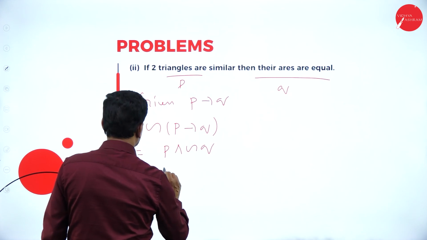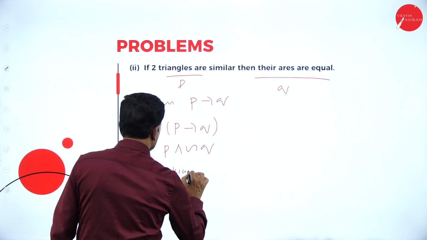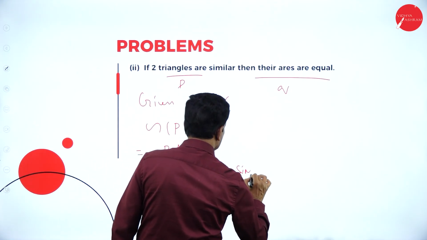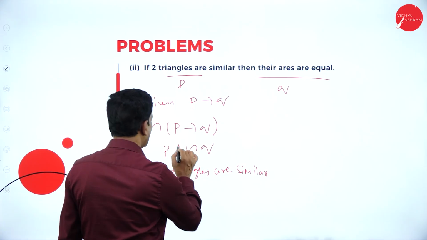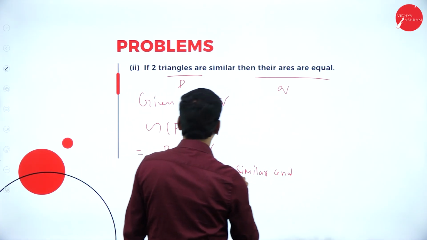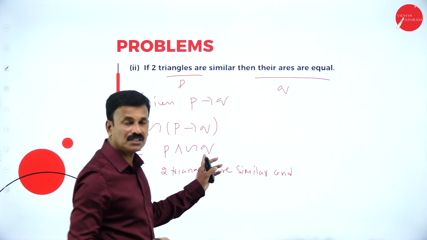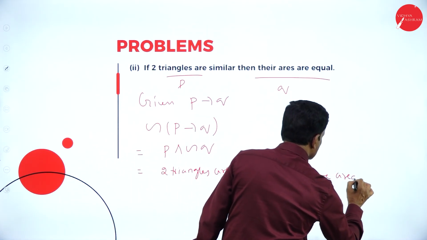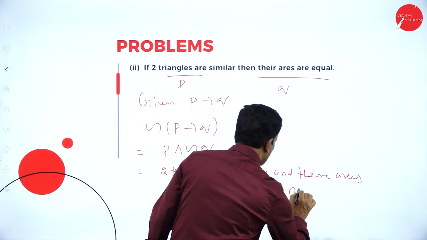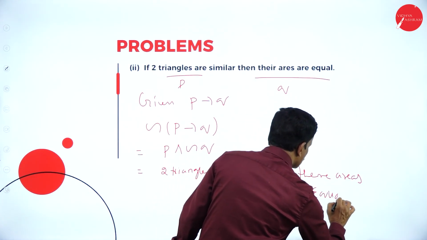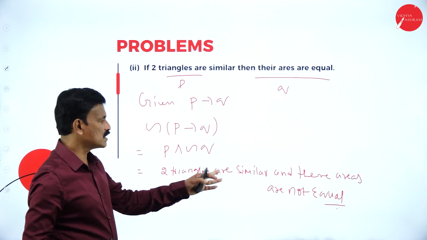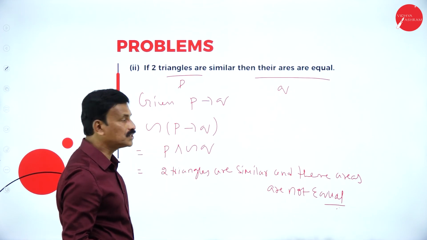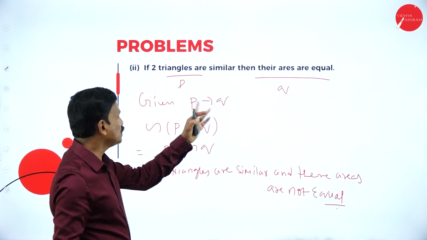Two triangles are similar, and, conjunction means and, negation of Q means their areas are not equal. That's it. Two triangles are similar and their areas are not equal. So P conjunction negation Q is the negation for P conditional to Q.